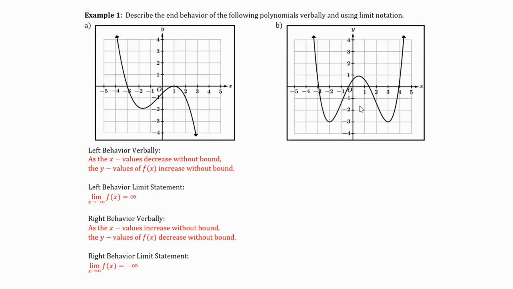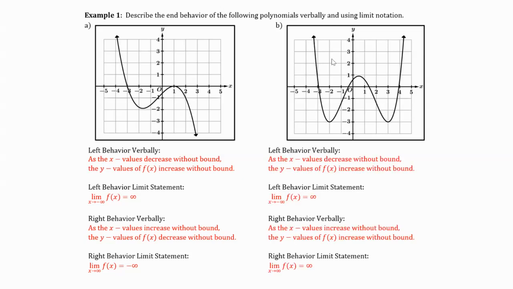Take a second and see if you can describe the graph on the right. This graph has an even degree. Notice that both ends are headed in the same direction. Okay, so let's talk about the left.